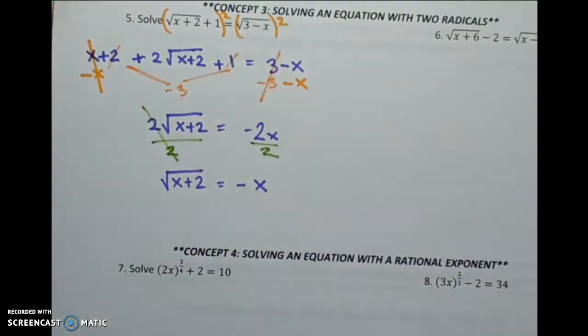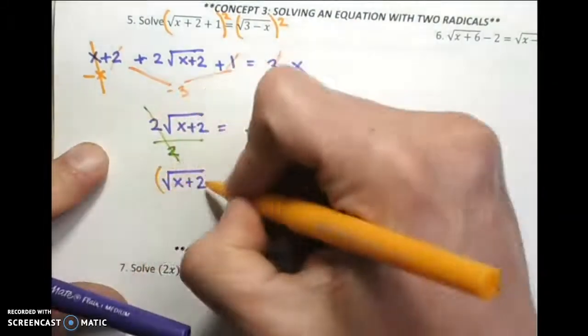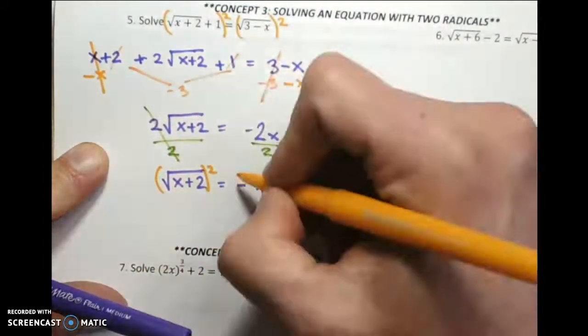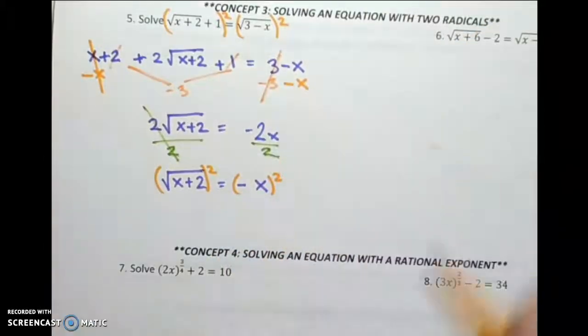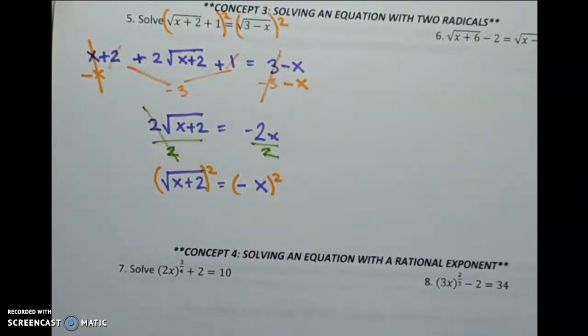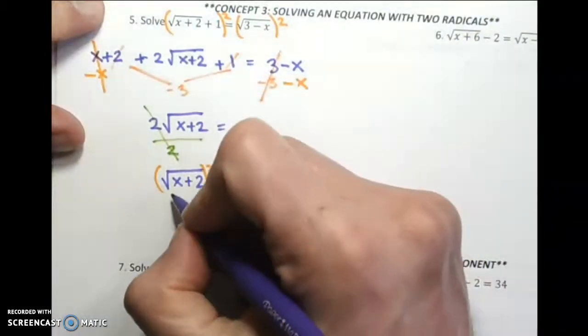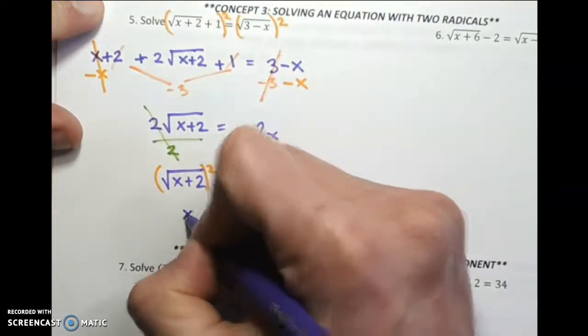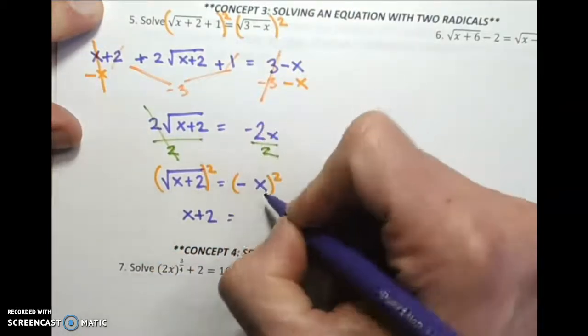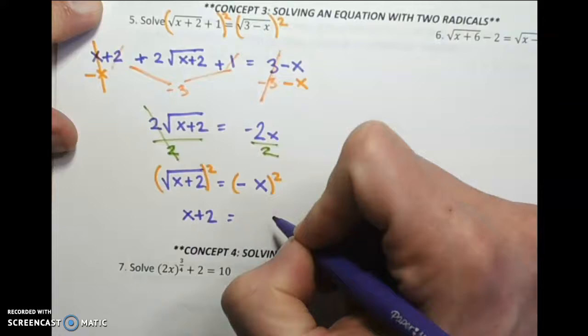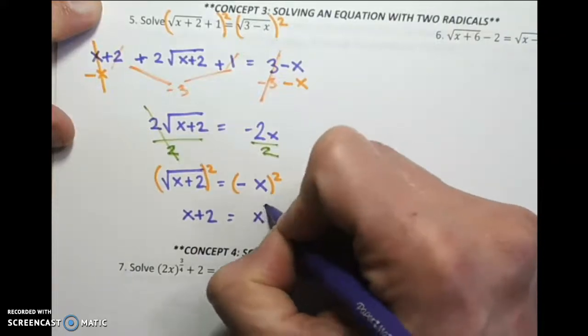Alright, now I'm going to square both sides. When I square this side, I get rid of that radical. I can square that side too. So I am left with the square root of x plus 2 squared, which is just x plus 2. On the other side, negative x squared is negative x times negative x, so you get positive x squared.